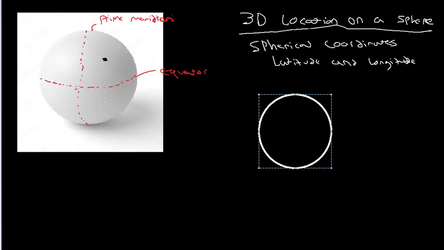So this circle here is the Earth cut through at the equator. And so you can imagine that running through the equator would be the prime meridian. So this is the prime meridian.